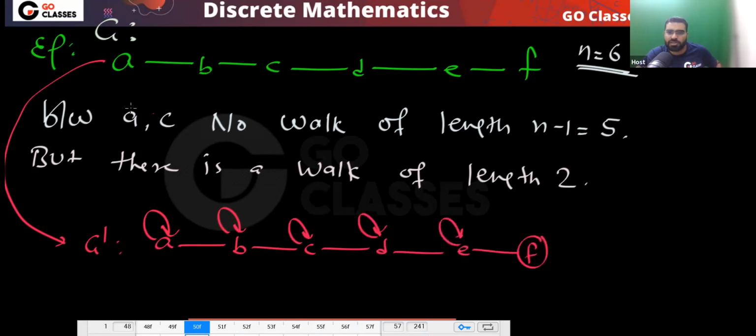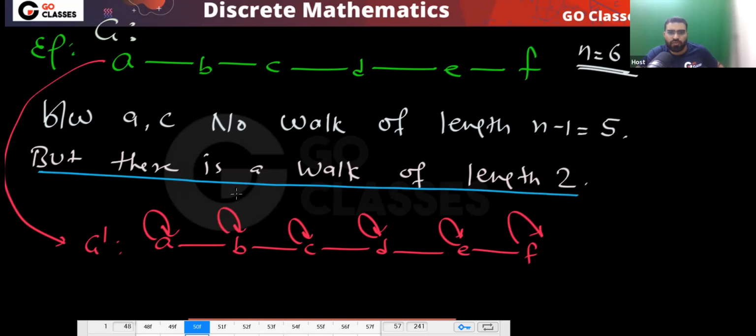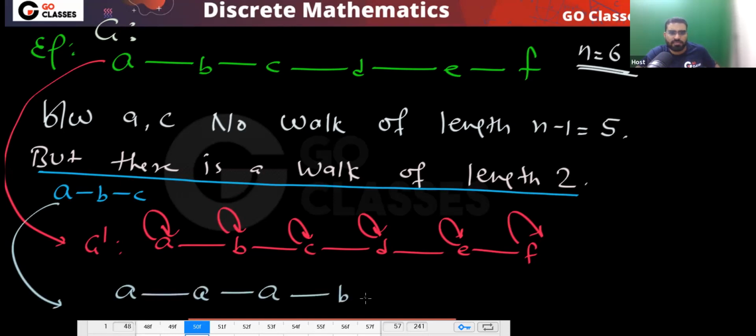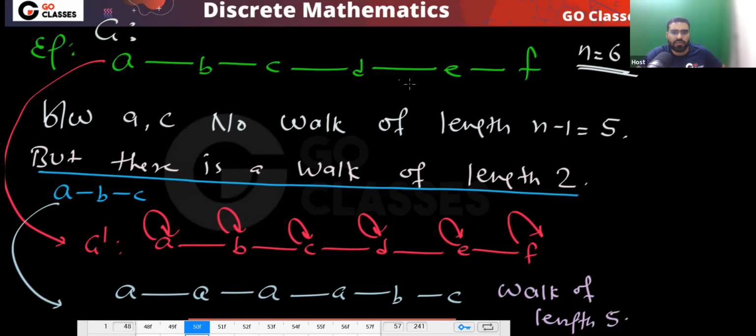Because there is a walk of length 2, you can just waste some cycles on A. That's it. Now you got a walk of length 5. Can you see? A walk of length 5.